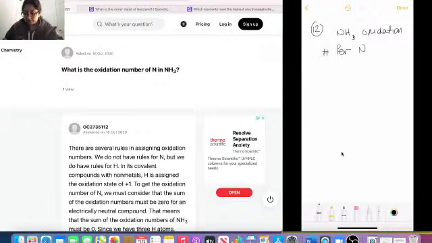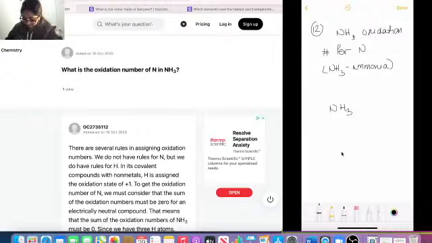There aren't really any rules for nitrogen, but there are rules for hydrogen. So hydrogen has a charge of +1, so that is its oxidation number or oxidation state of +1.